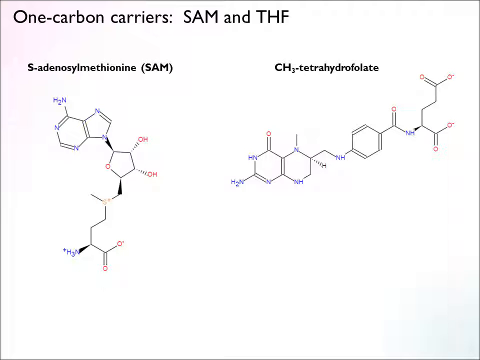They have slightly different roles, as we will see. The folate carrier is often used in synthesis of nucleotides. And so, as you probably know, this vitamin folate is associated with cell proliferation and embryonic growth.